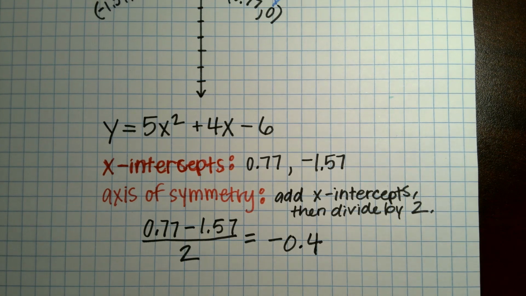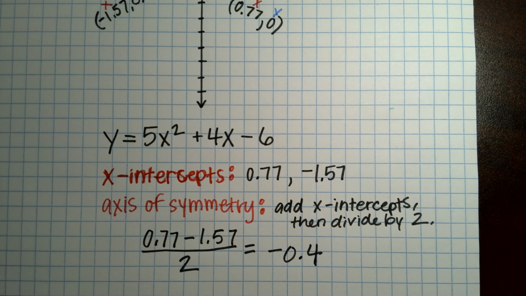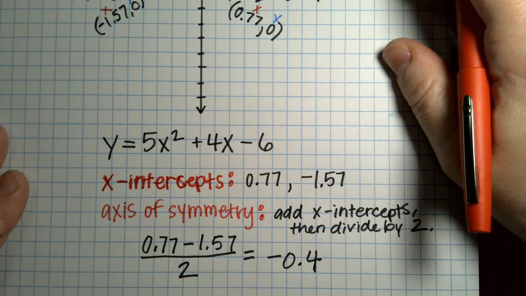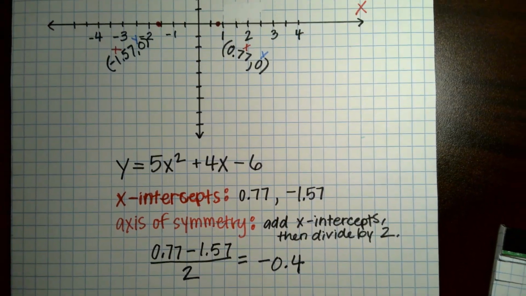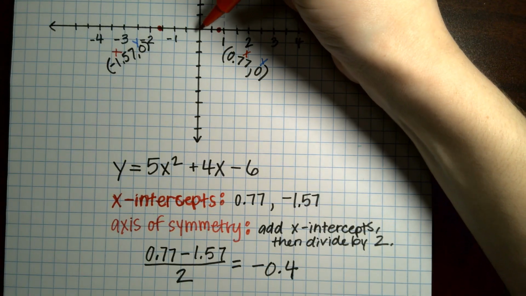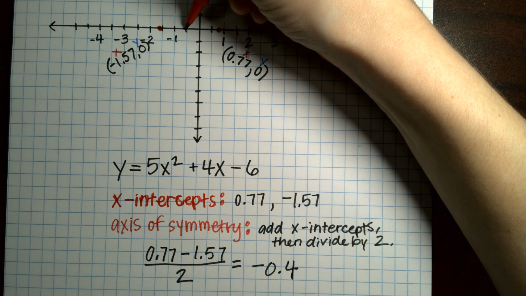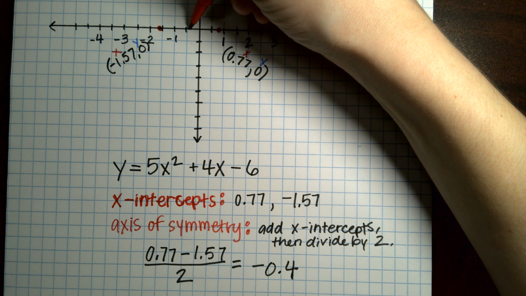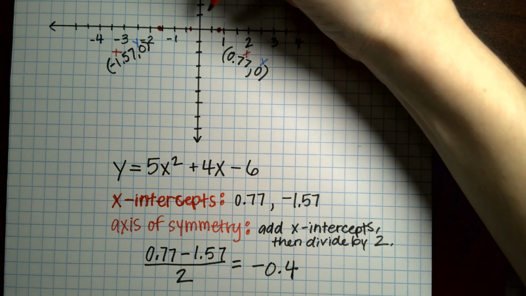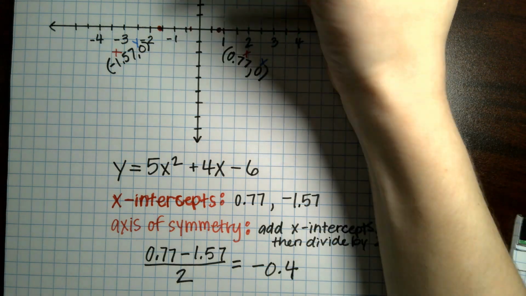That would be right there in the middle. Let's find out where that is. I'm going to make this a little more zoomed out so we can look at all of it at once. So here is 0. Here's negative 0.5. Negative 0.4 is going to be just a little less than that. Now your axis of symmetry is going to go all the way from the top to the bottom.